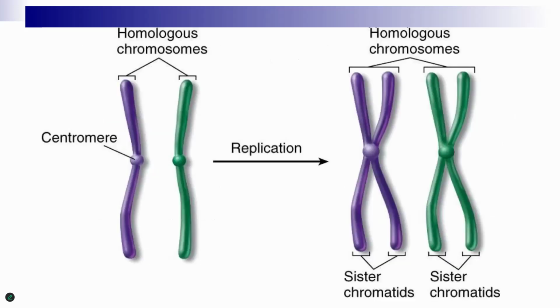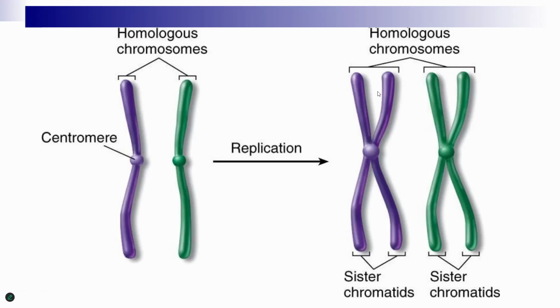When we're going through either mitosis or meiosis, before the cells can divide, the DNA will replicate. So those chromosomes duplicate. Here on the left, we've got two chromosomes. These are going to be homologous chromosomes. Let's say one's from mom and one's from dad. Before they go through meiosis, they replicate or duplicate.